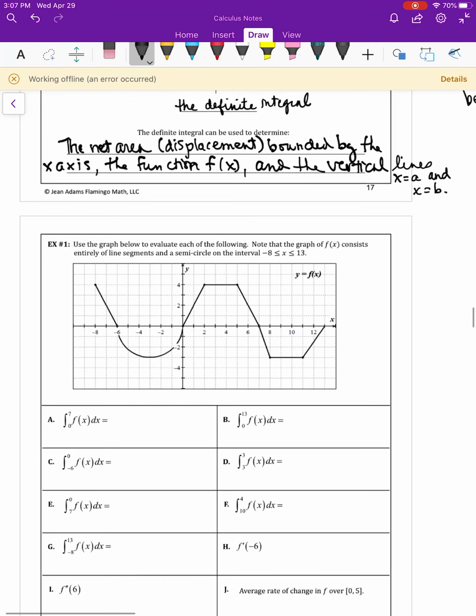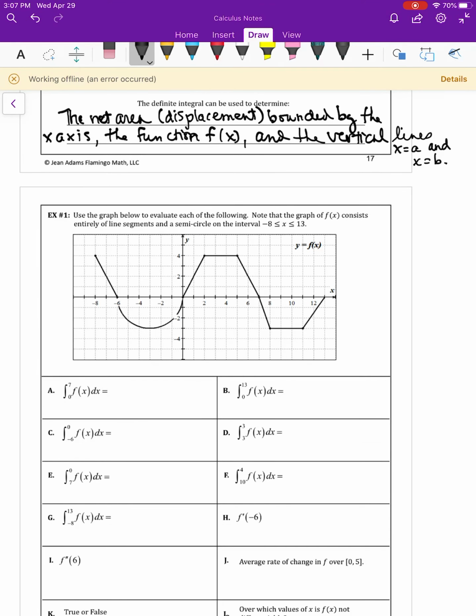So it definitely is the area under the curve, or between the curve and the x-axis.